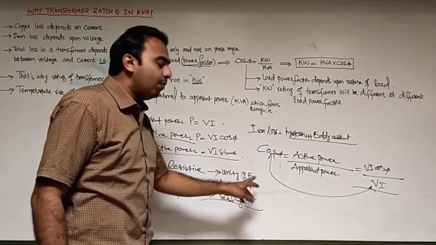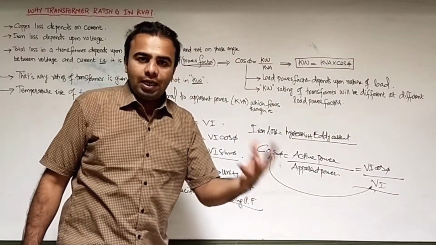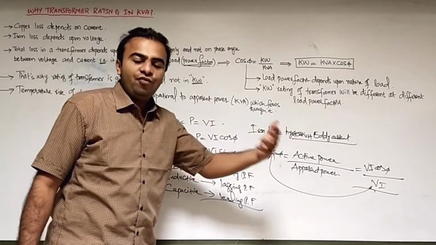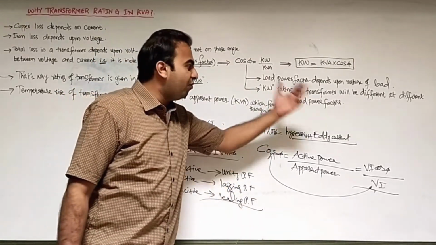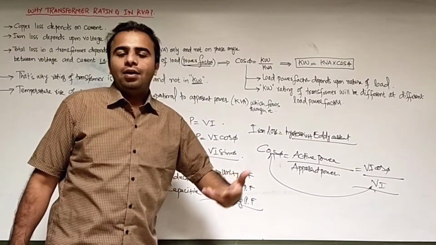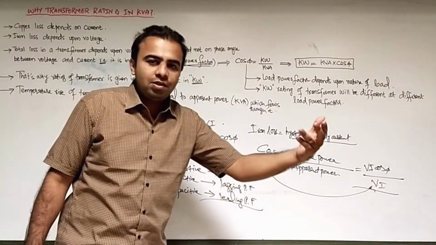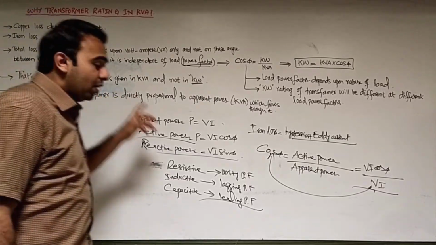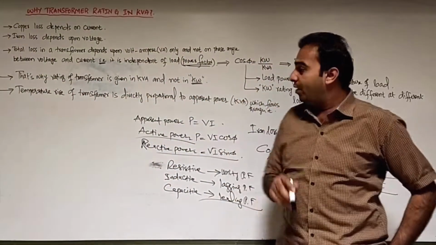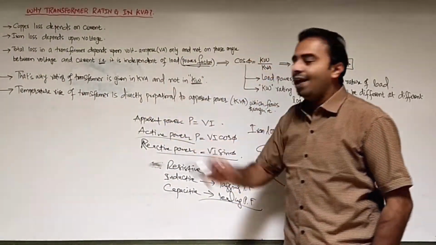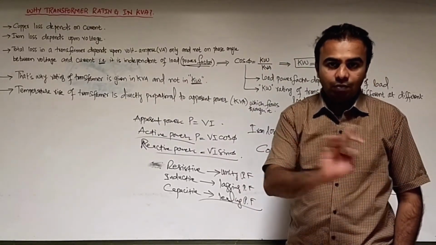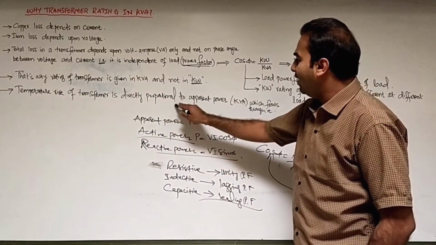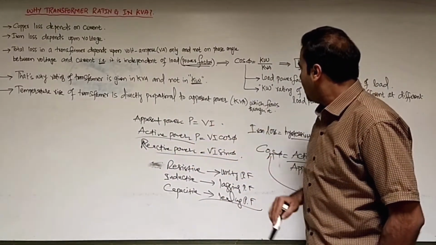For example, the active power rating is different for resistive, inductive, and capacitive loads. That's why the rating of the transformer is always given in kVA, not in kW.